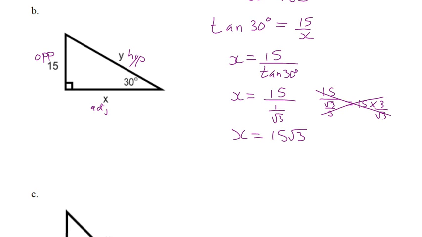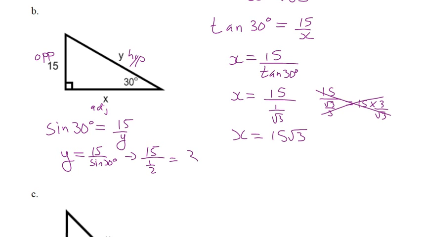Okay, what else do we need? Y. What are we going to do for y? Sine. So we're going to say the sine of 30 degrees is y over 15. So y is 15 divided by the sine of 30 degrees, which is 15 divided by a half, which is 30.